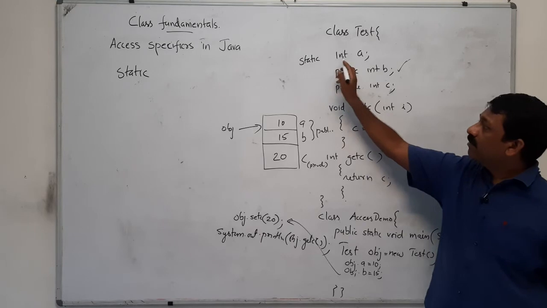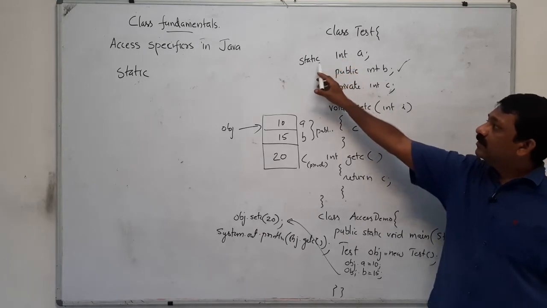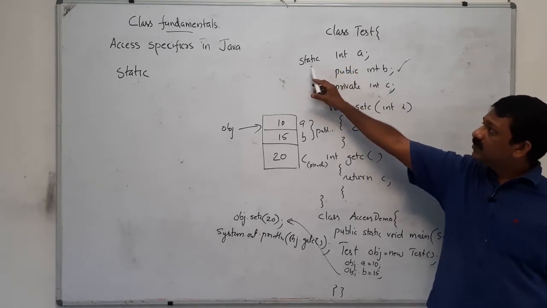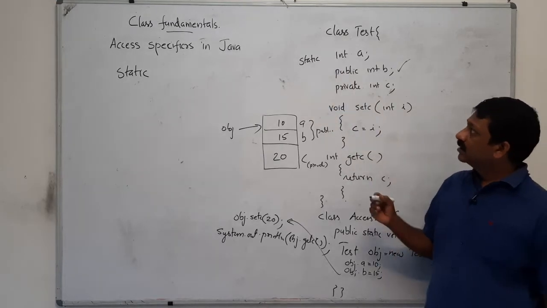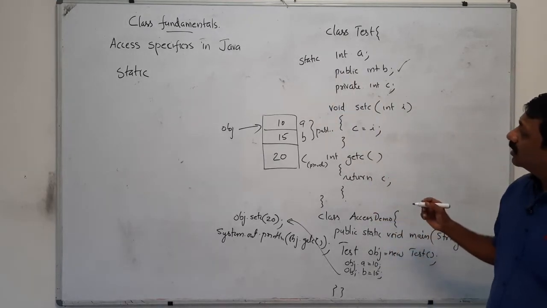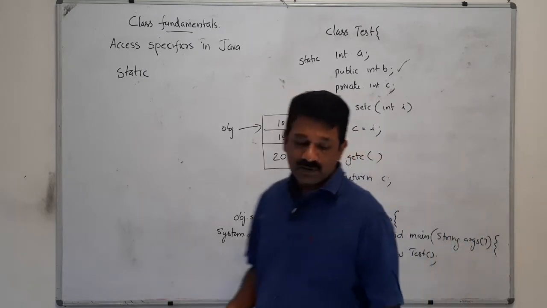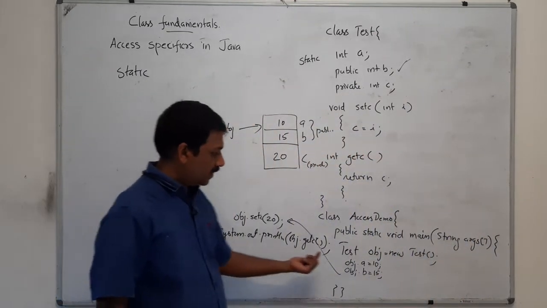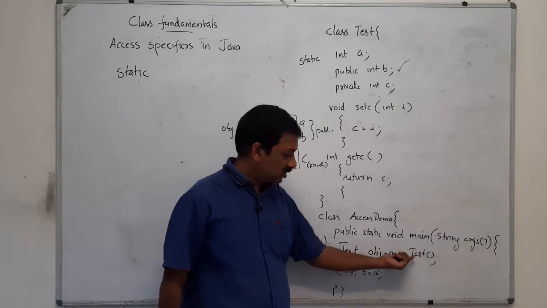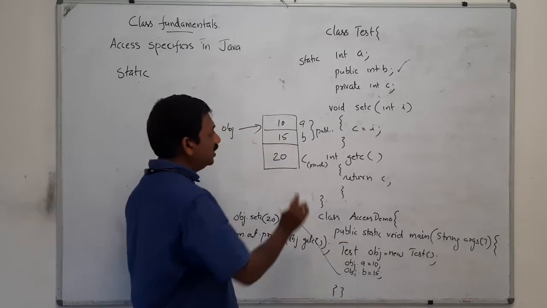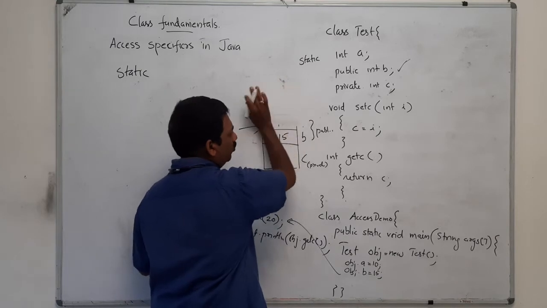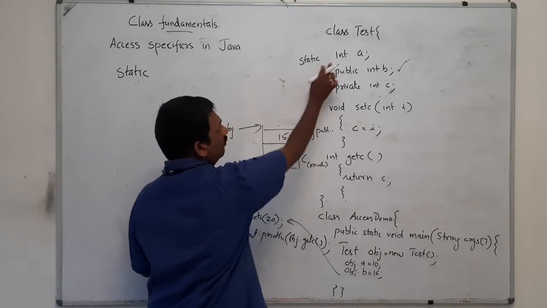If I make this integer variable with the access specifier static, then when you create an object of this, using test obj = new test, you have created a test object, and in that new object this a won't be there.